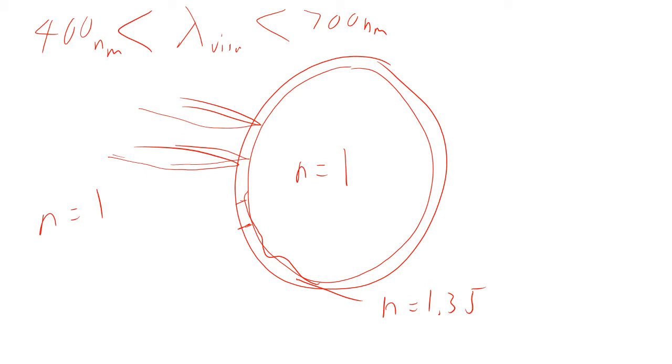In this case, because the index of refraction on the inside is less than the index of refraction of the bubble, we have several things happening. When we reflect off of the outer surface, we have a phase change.